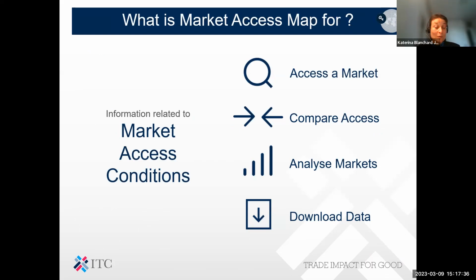Again, the data is downloadable. That is probably something I did not mention, but usually anytime I show a chart or a table, these tables and charts are easily downloadable. So that is also one of the user-friendly features of our tools.